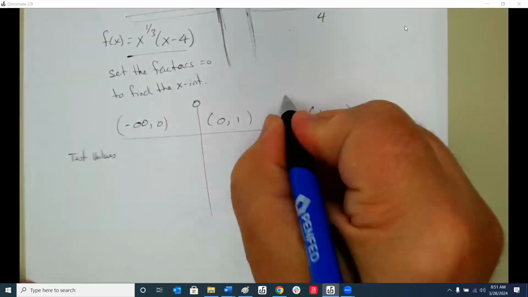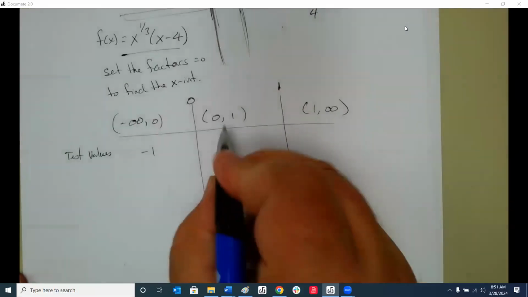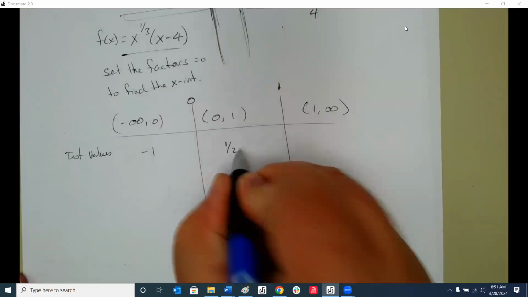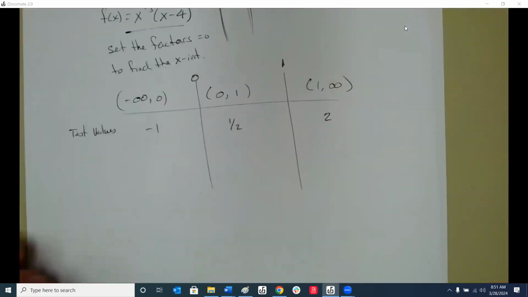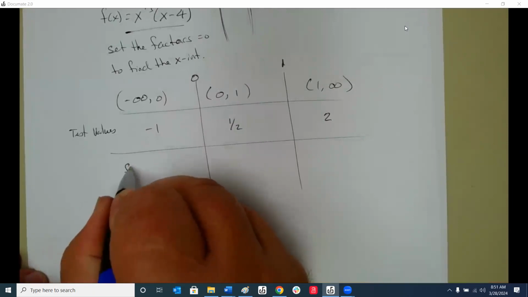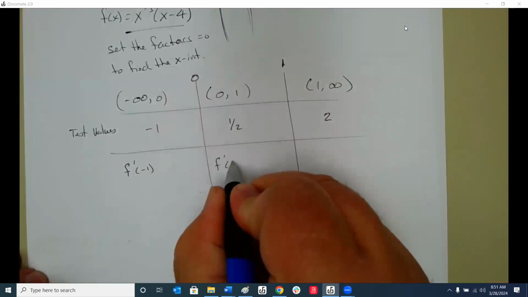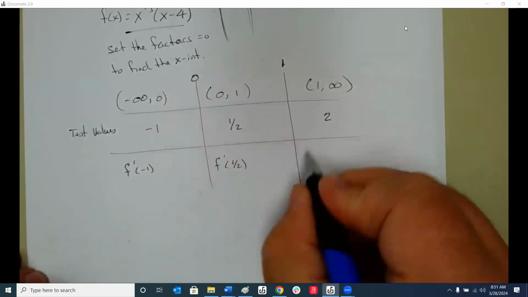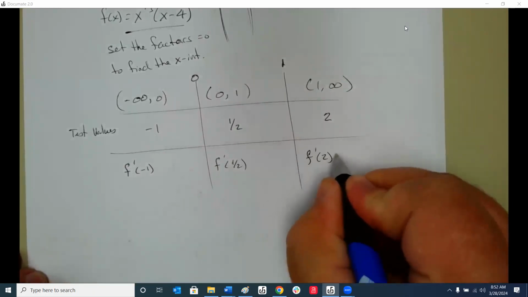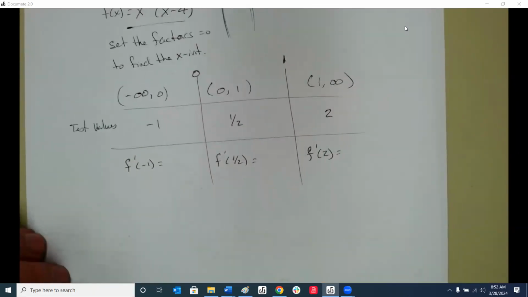Here I'll take negative 1, I'll take 1/2, and I'll take 2. Plug in the test values in the first derivative, and that's going to tell you the direction of the graph there. Is it increasing or decreasing? Is it going up or going down?